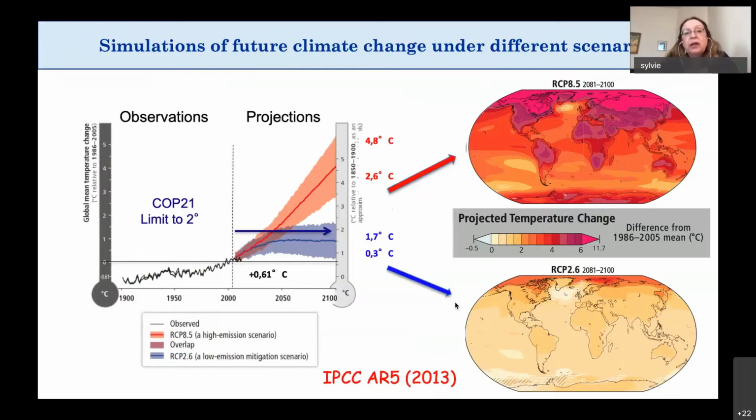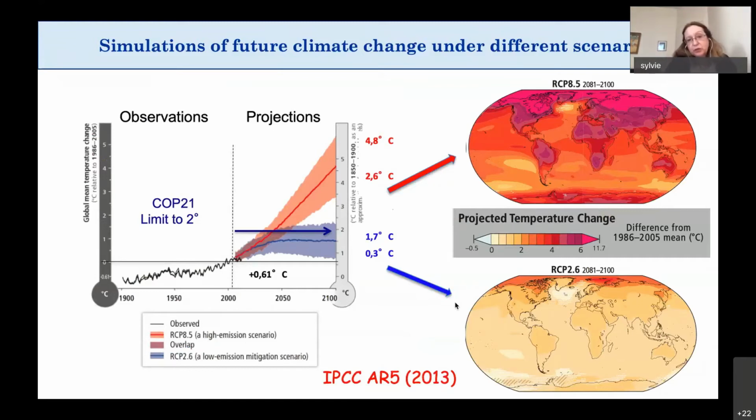This 2 degrees is the temperature considered in the United Nations Convention on Climate Change as the limit to avoid the biggest threats to climate and humanity.